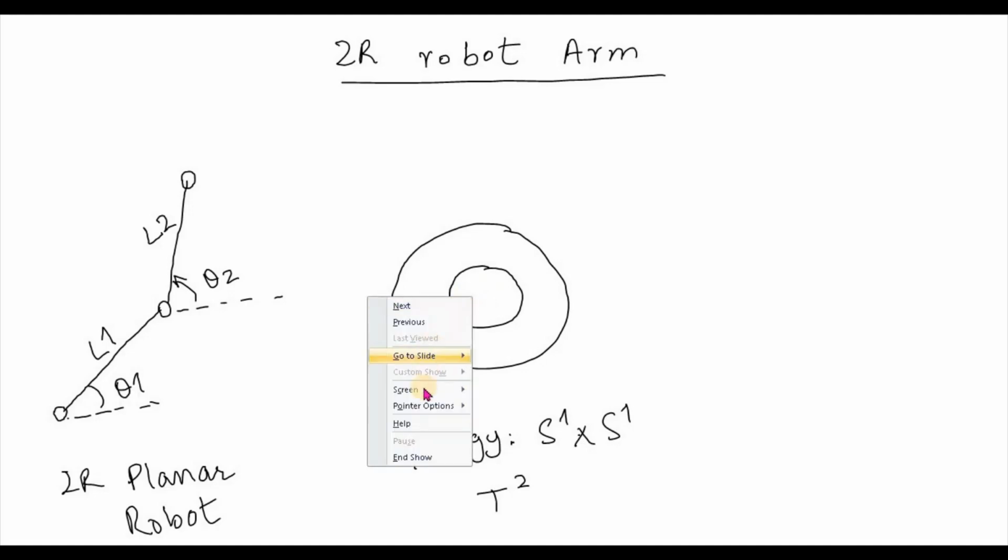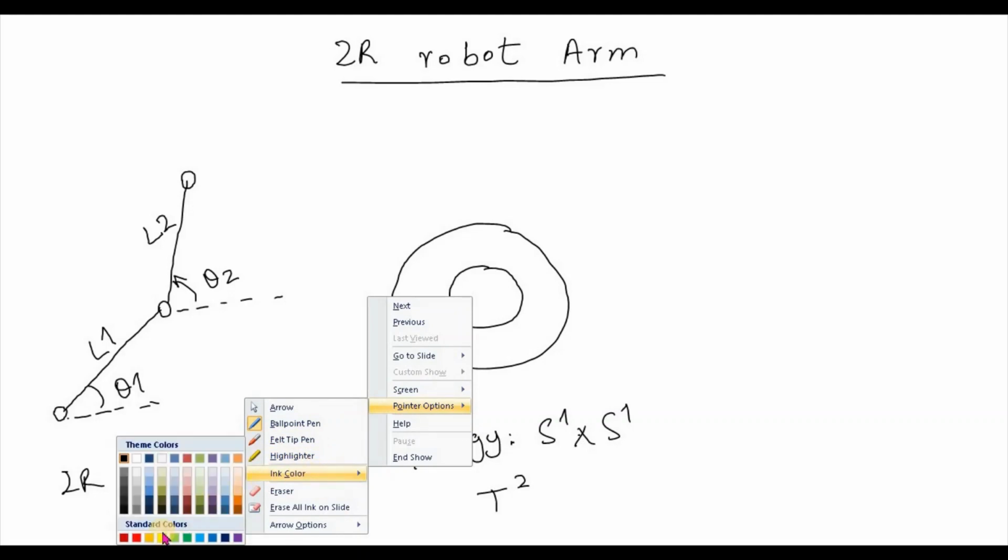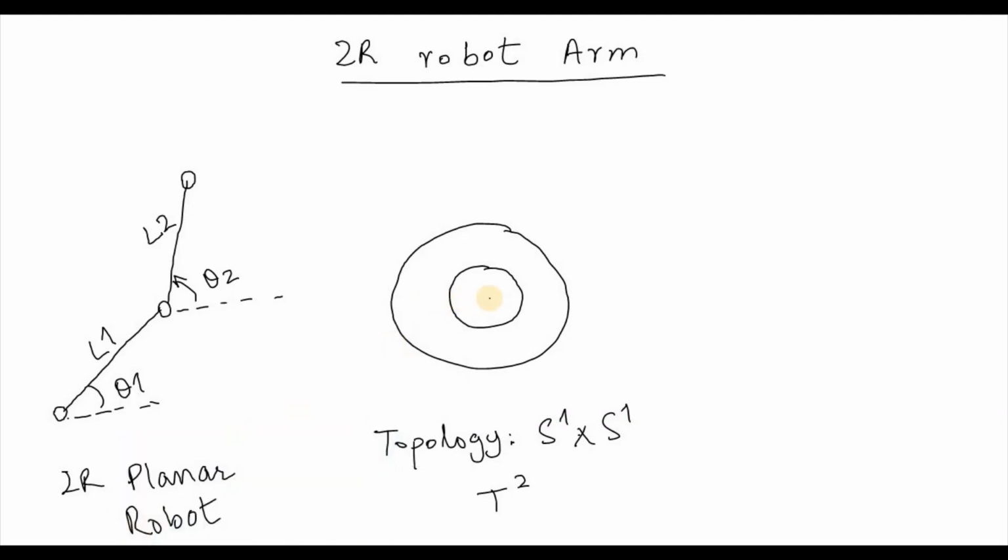Here we have theta1. Theta1 is the angle from the center, at any point, and this other angle we call theta2.